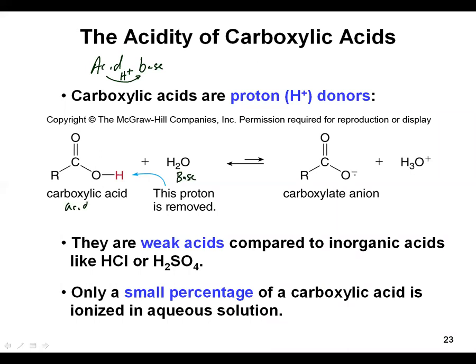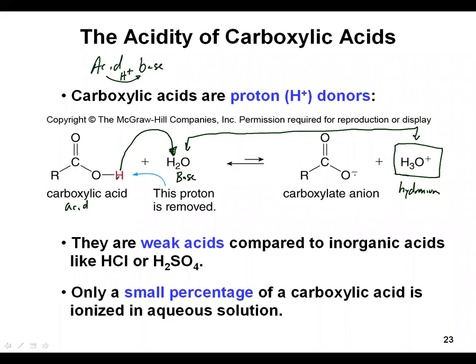Basically, our H is going to be donated over here, and that is where we get our hydronium ion, like we saw when we talked about acids and bases. The water accepted the H+, and that is our base and conjugate acid pair.